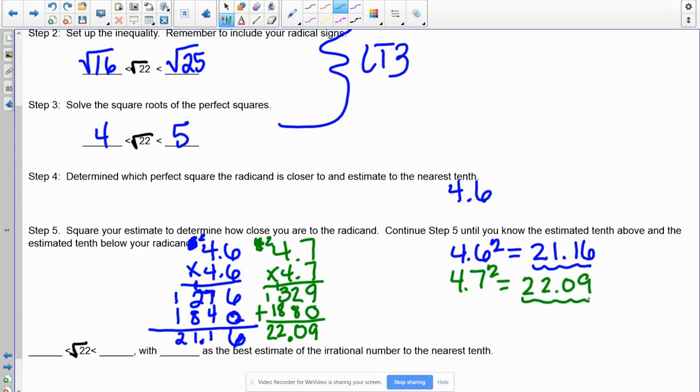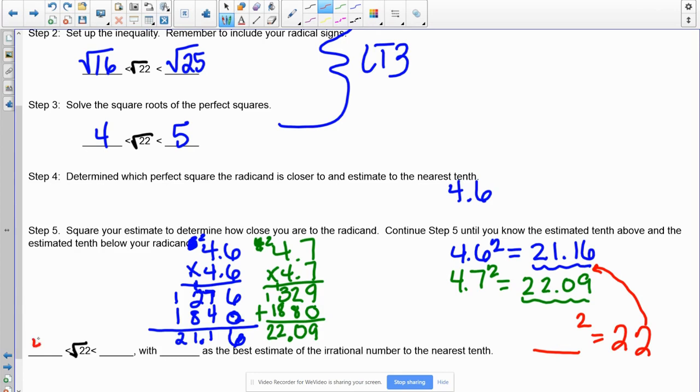So remember, our goal was to get to 22. We're looking for the square root of 22. So in other words, what times what, squared, equals 22? Well, you can kind of already see, 22 would fall between here. You can already see that we are correct. We have our lowest estimate and our highest estimate.